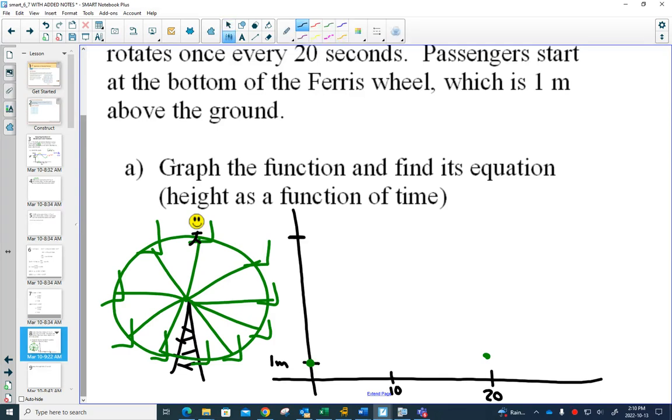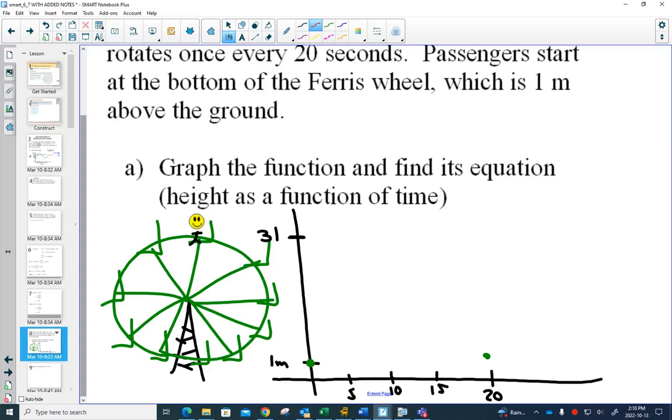What value is this? How would you figure out how high that is? 15 times 2, because the radius is 15, so you'd be 30. Should I write 30 here? Or should I write 30 plus 1? 31. And where would you be at 5 seconds? And where would you be at 15 seconds?